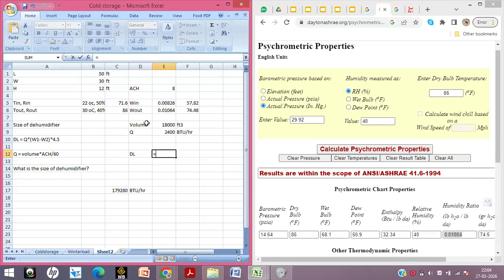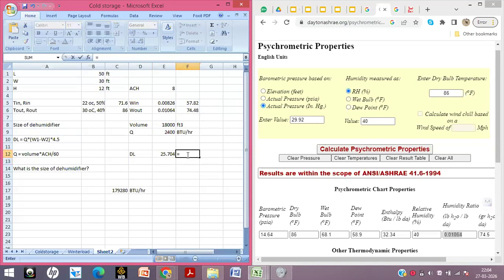Q is 2400 BTU per hour times the humidity ratio difference, which is out minus in, 25.7.